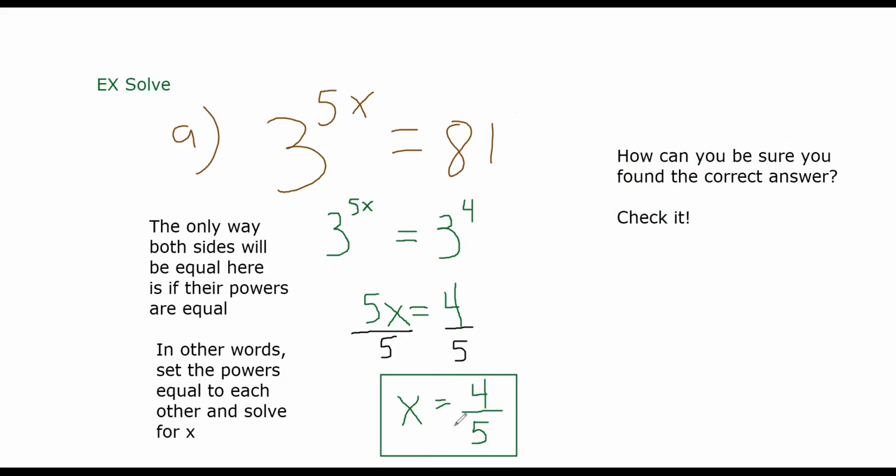We're going to plug this x value of 4/5 into that. 3 to the 5 times 4/5. And we're asking, is that equal to 81?